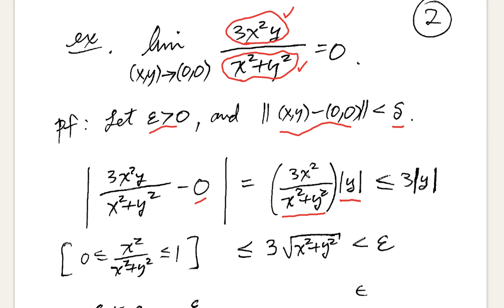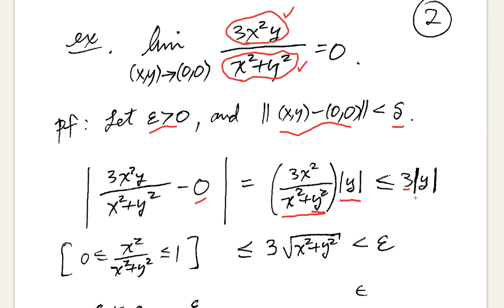Now, if I divide 3x squared by something larger than x squared, then I'm going to get something smaller than 3. Notice that x squared is always non-negative, so the smallest value that the denominator could possibly assume is x squared anyway. So the largest value that it could assume is 3.